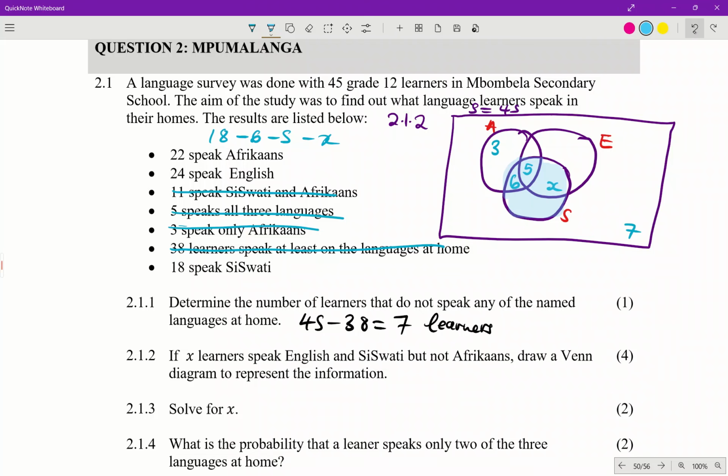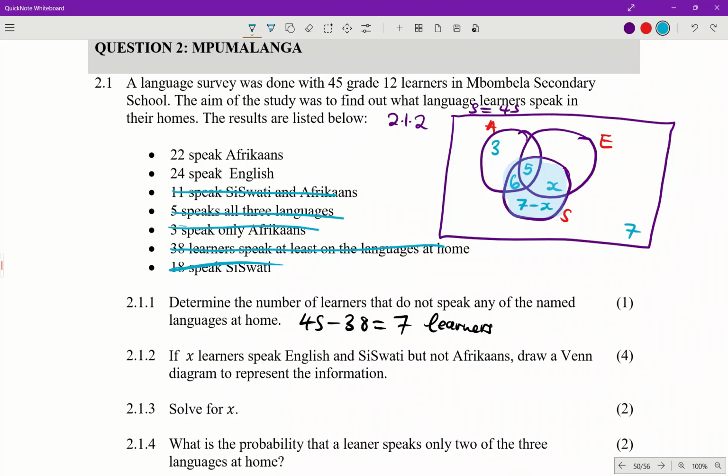You understand? So let me check my calculator. 18 minus 6 minus 5, that's 7. And then 7 minus x. So here you are going to have 7 subtract x. You're done with this. You see, we are close, guys.